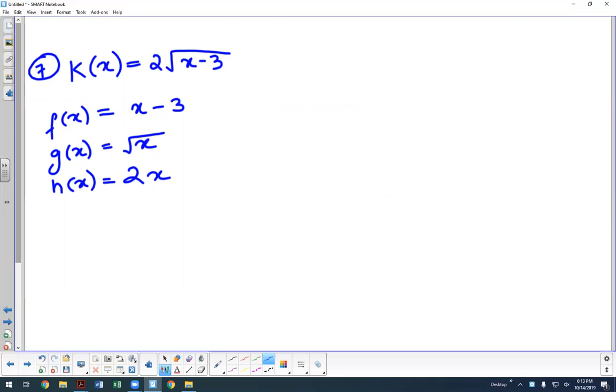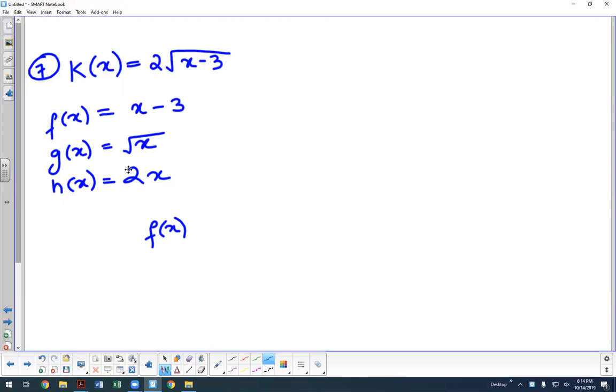So it's not necessary that your definition would match your friends or your classmates, but how you do your composition, you should still end up in that same function format. Okay, so in our case, we are defining f as the x minus 3. That's got to be our innermost function.